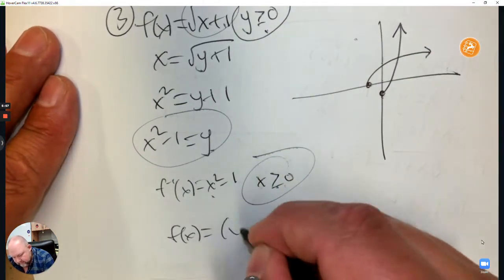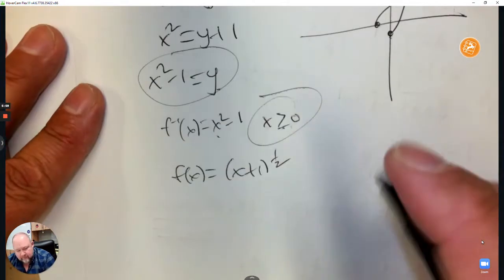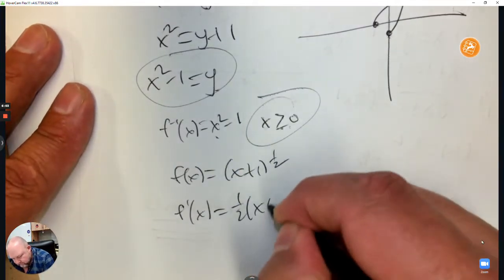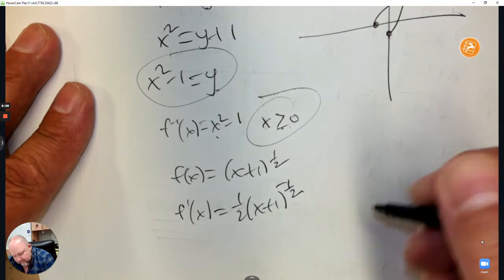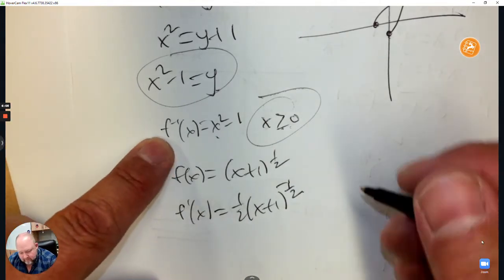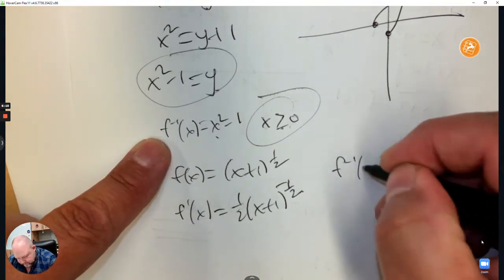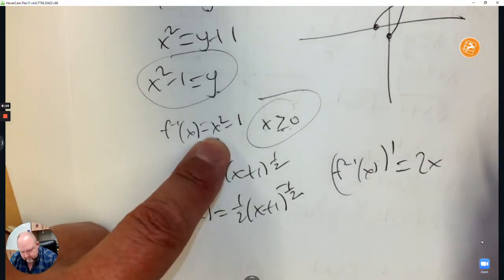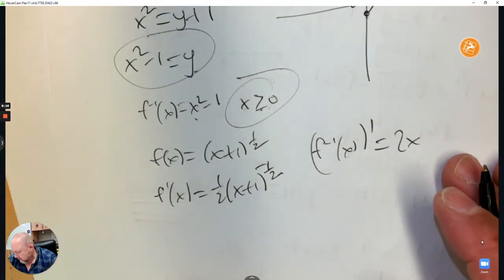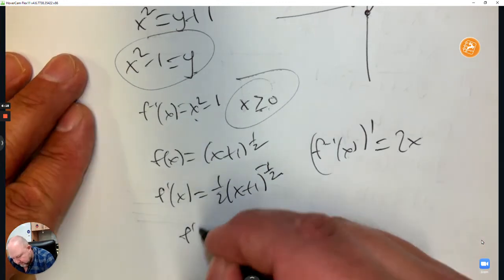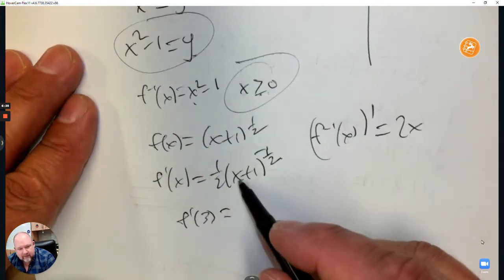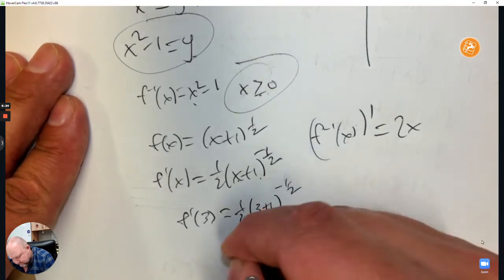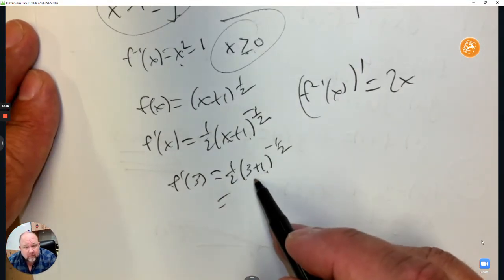Next, we're going to write it calculus friendly, and we're going to find the derivative. And then for the inverse, the derivative is 2x. And then what point? 3, 2. So the derivative at 3 plus here, I'll show 3 plus 1. 3 plus 1 is 4.